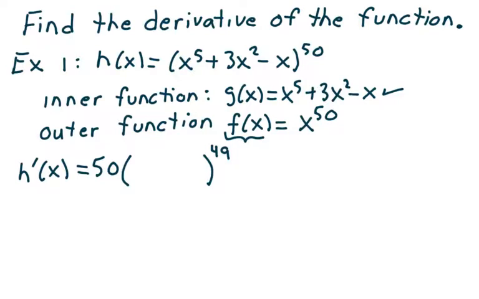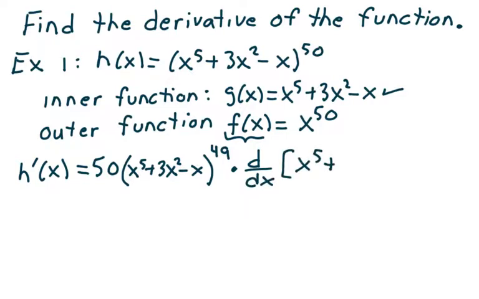So in other words, inside those parentheses, I'm going to put x to the 5th plus 3x squared minus x. And then I'm going to multiply by the derivative of that inner function.